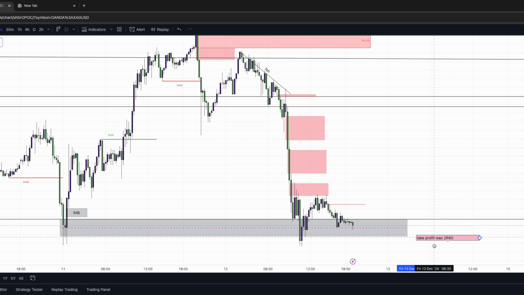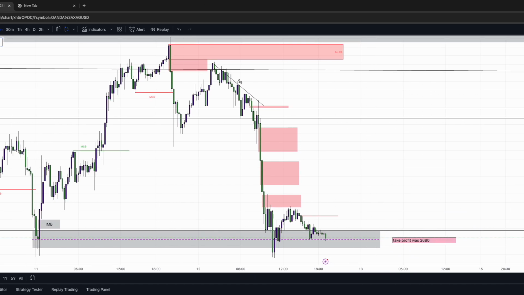And then my entry confluences were: bearish OB, market structure break. I see that the fair value gap was filled, and it was failing to swing higher.